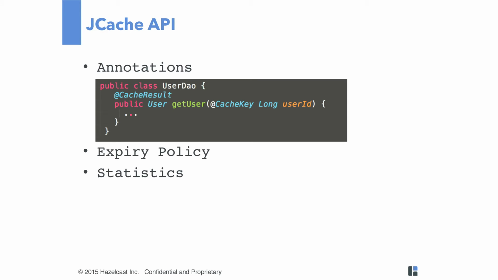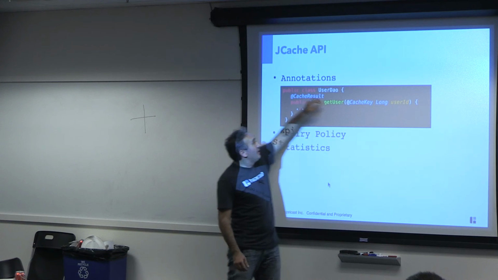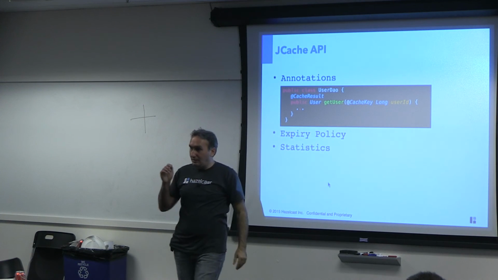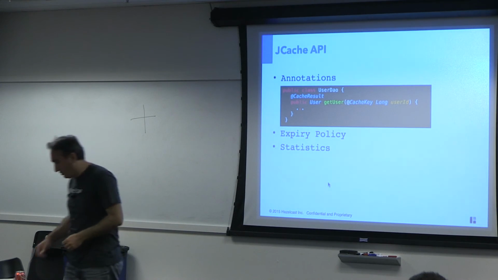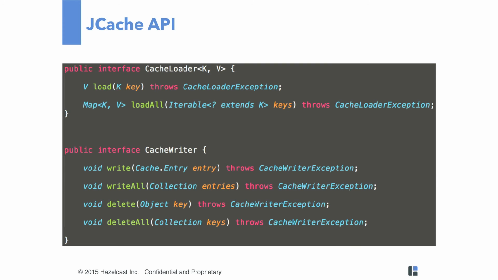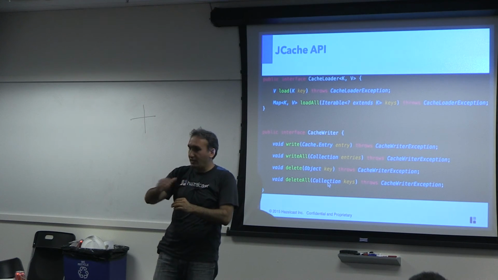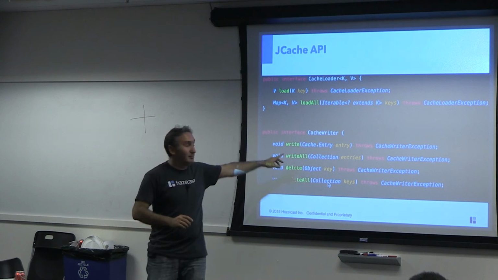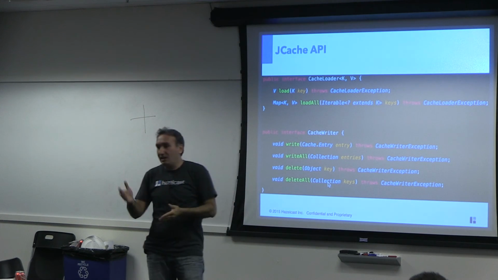So there are beautiful things like, hey, cache the whole result, right? So just run this computation, use this key, and cache the result. So if I call the method again, don't run it. Just return from the cache. It's beautiful. You can persist the cache somewhere else with these interfaces, right? Cache loader, cache writer. So you talk to the cache, you do a cache.put, and the cache will be using your implementation of the cache writer to store the entry into, let's say, a database.